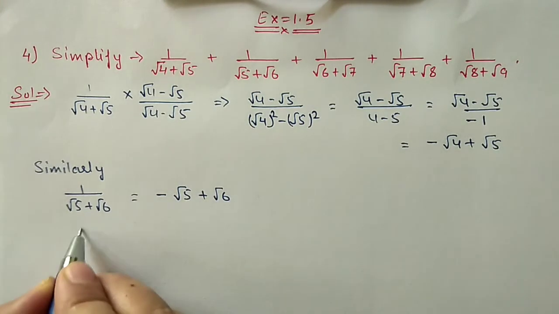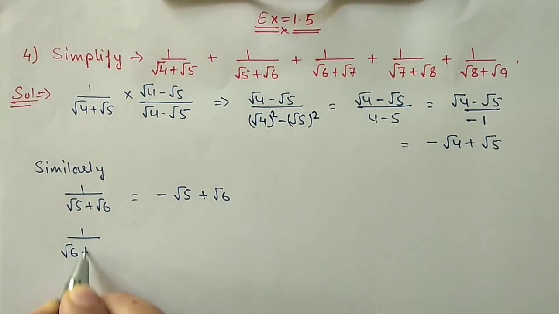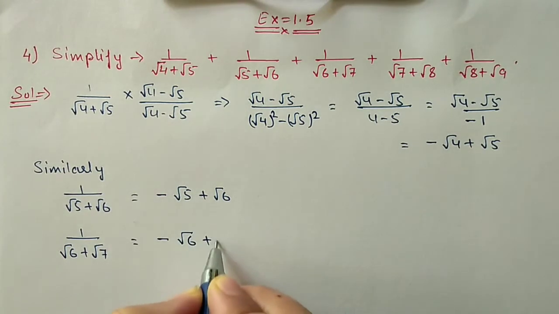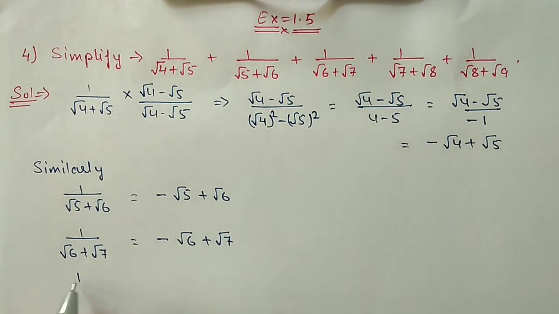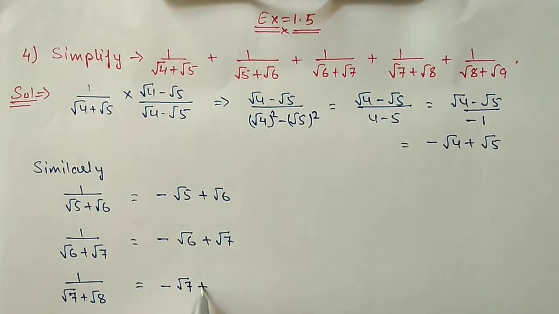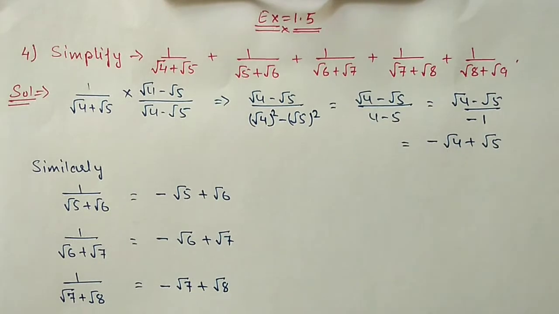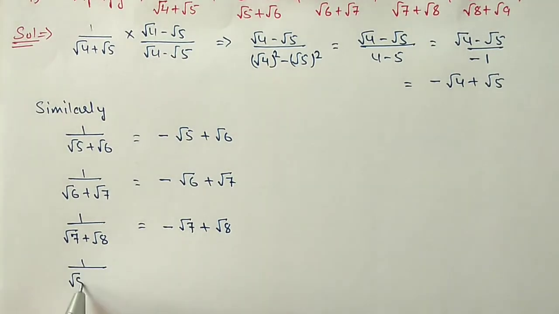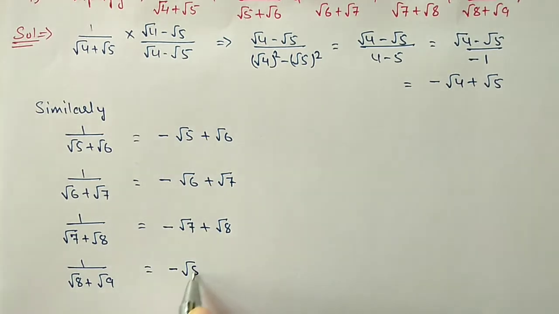And this third one, 1 by root 6 plus root 7, we will get minus root 6 plus root 7. And this fourth one, root 7 plus root 8, after rationalizing we will get minus root 7 plus root 8. And then the last one, 1 by root 8 plus root 9, we will get minus root 8 plus root 9.